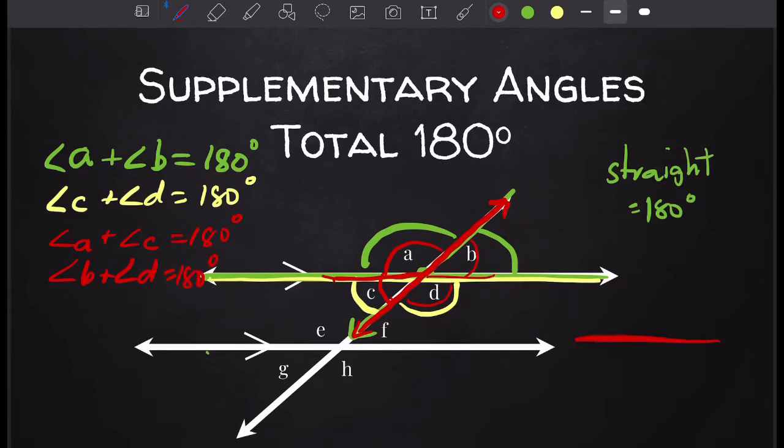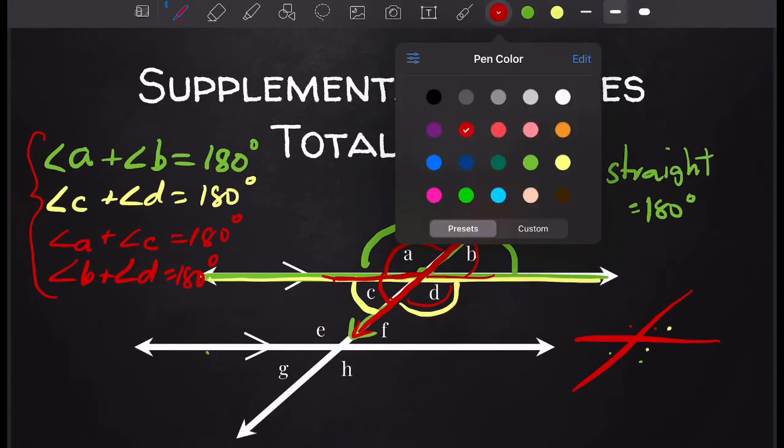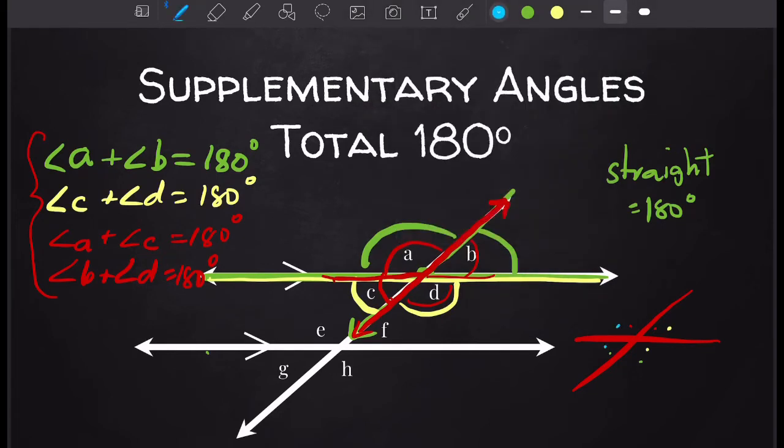So, in other words, in one set of intersecting lines, you can find 4 sets of supplementary angles. These two are supplementary. These two angles are supplementary. These two angles are supplementary. And these two angles are supplementary.